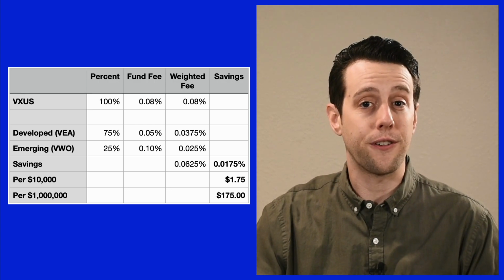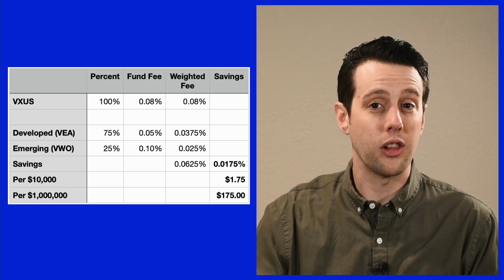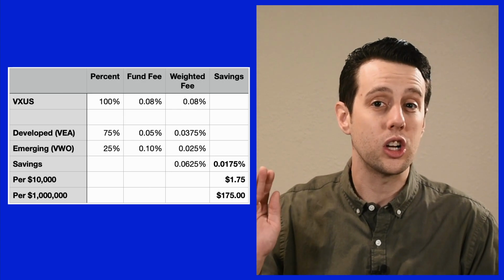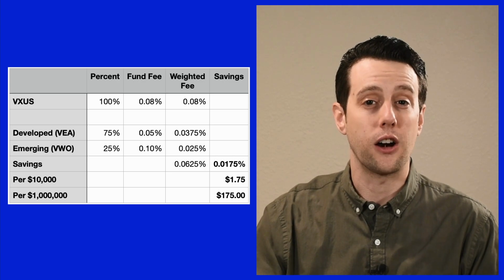For the ETF versions of these funds, it's a little less at $1.75 for every $10,000 and $175 for every million. If you're going to retire with a $2 million portfolio, this could be worth an extra $1,000 in your pocket each year. That's a good amount of money.